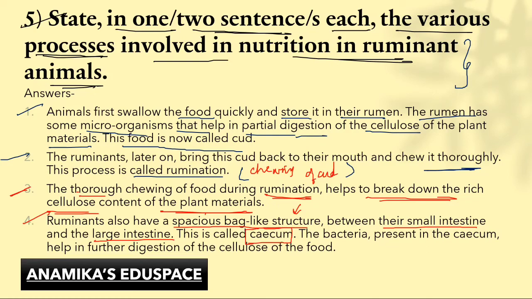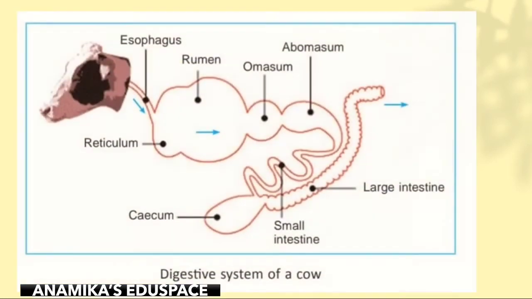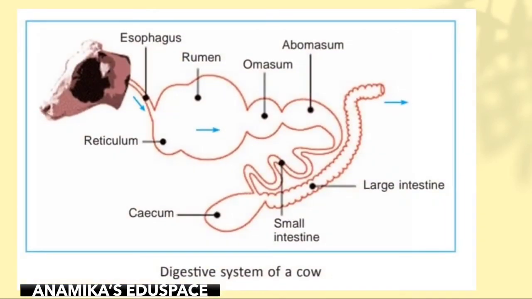Now what happens, the bacteria which are already present in the cecum help in further digestion of the cellulose food or the cud. Now how it helps in digestion we will learn through this diagram. So this is a cow, the cow eats lots of grass. So let us draw lots of grass in the mouth of the cow. So the cow eats plants, grass and green plant materials, right?